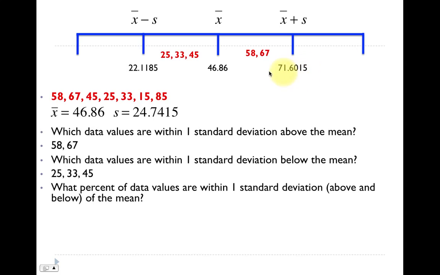The data values that fall between that range are 25, 33, 45, 58, and 67. There are 5 of these data values. We have a total of 1, 2, 3, 4, 5, 6, 7. So when asked what percent, we take 5, the part, divided by 7, the whole, part divided by whole times 100, that's going to give us 71.43%.